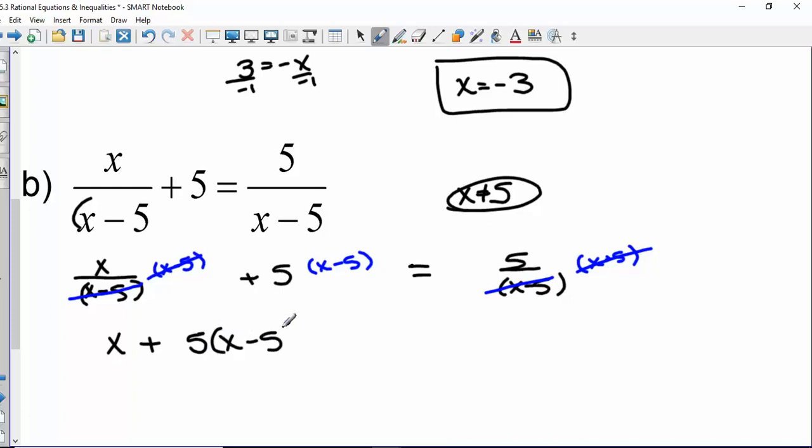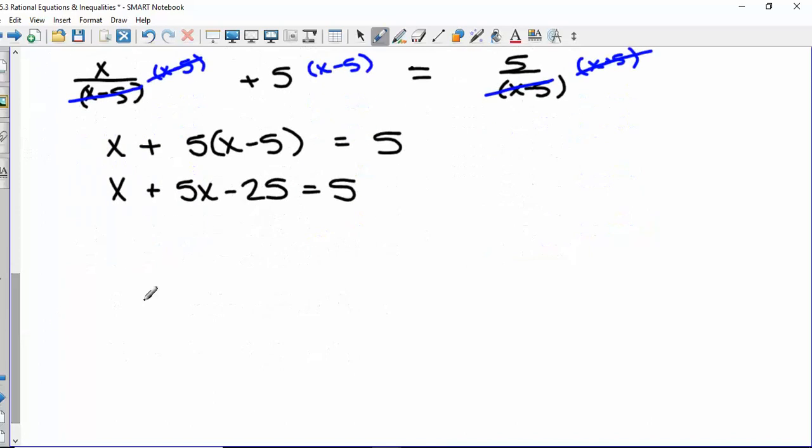Second one, I have 5 times x minus 5 equals 5. If I distribute, I get 6x minus 25 equals 5. Add over the 25.